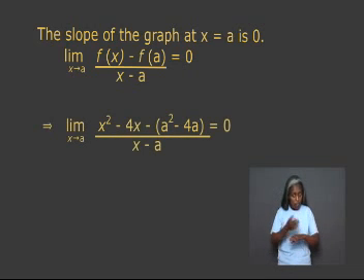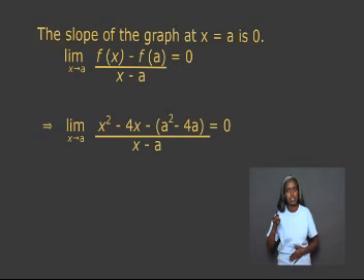After doing this, we find that the limit of x squared minus 4x minus a squared minus 4a over x minus a as x approaches a equals 0.